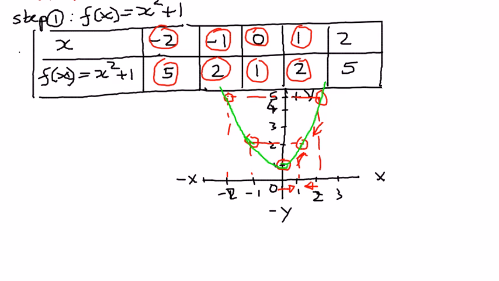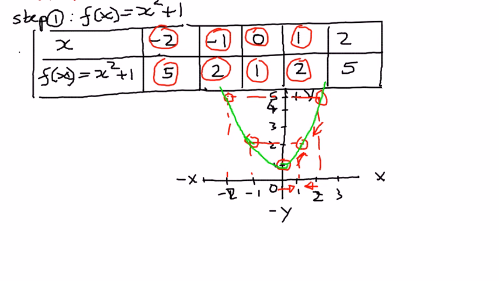So we can state this as follows. From the graph we can say that the value of the function f of x approaches 2 as x approaches 1 from either side, from the left and from the right.